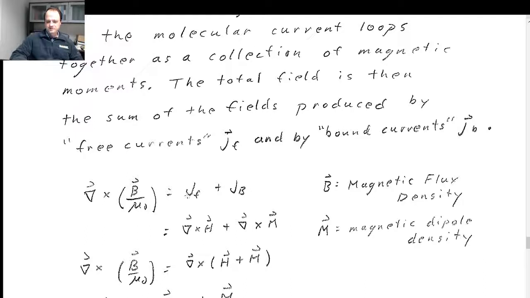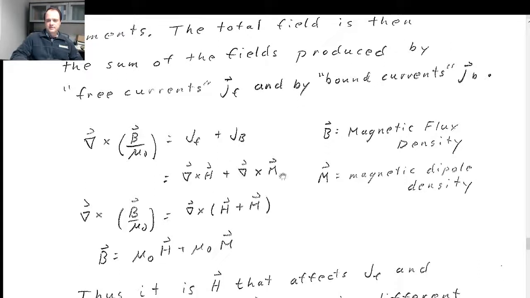The free current we relate to the magnetic field as the curl of the magnetic field, so JF is equal to del cross H, whereas JB is equal to del cross M, where M is the magnetic dipole density.